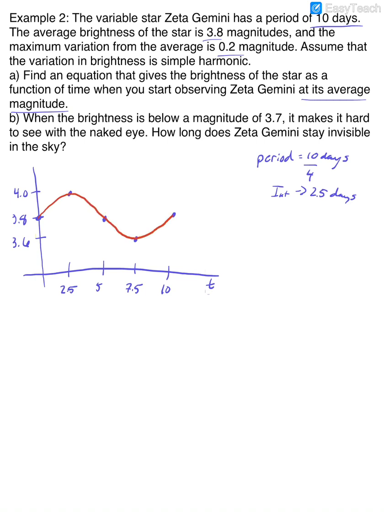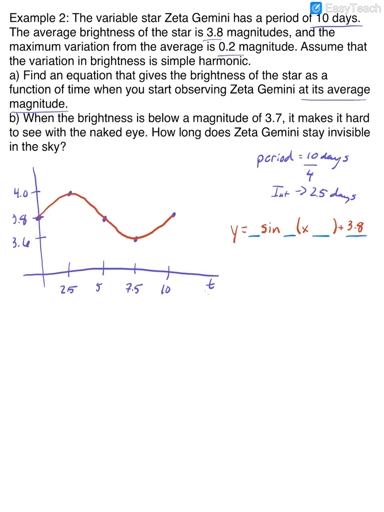From there, I want to put my equation together again. So y equals, since we're starting in the middle, sine x. Now I want to piece this together, and you can do this in any order. Since it's starting at its average, which is 3.8, that is its vertical shift.